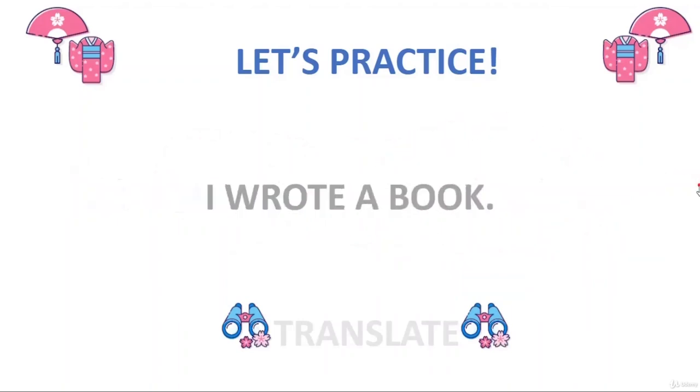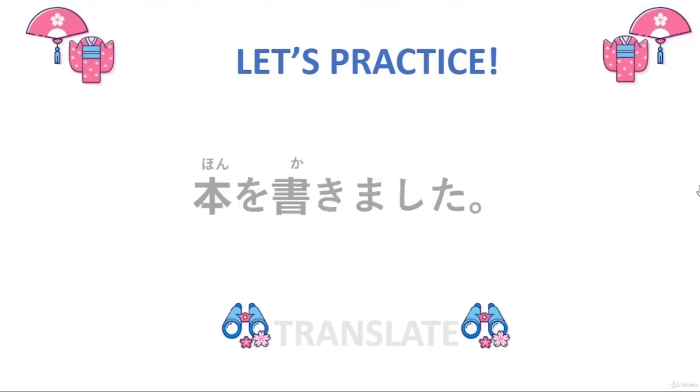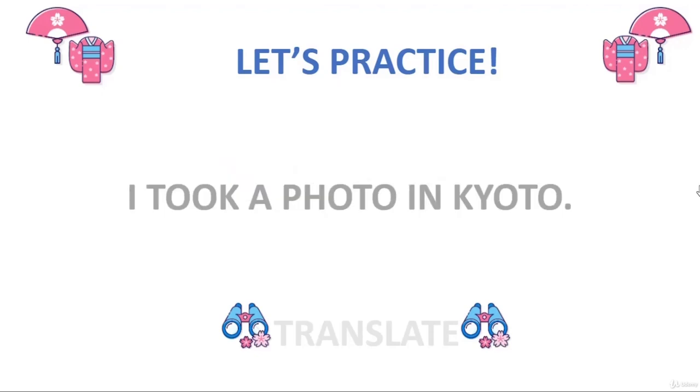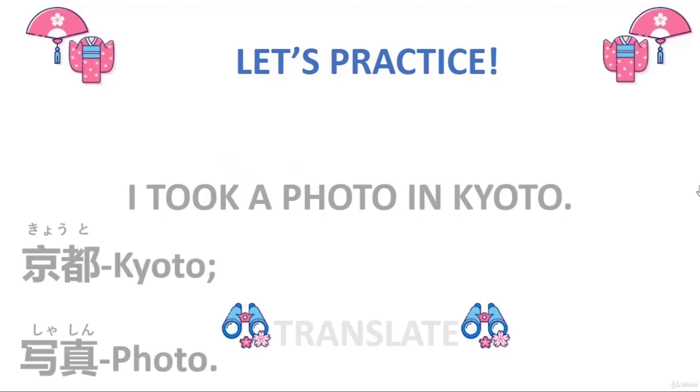Very good. Our next sentence is, I wrote a book. 本を書きました。Very good. I took a photo in Kyoto. Kyoto would be 京都.